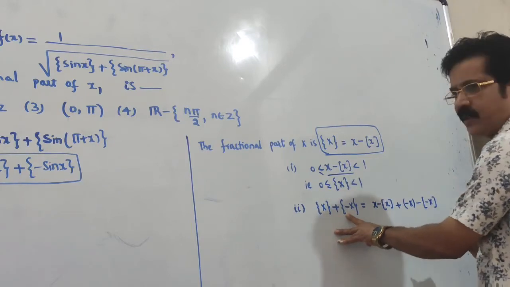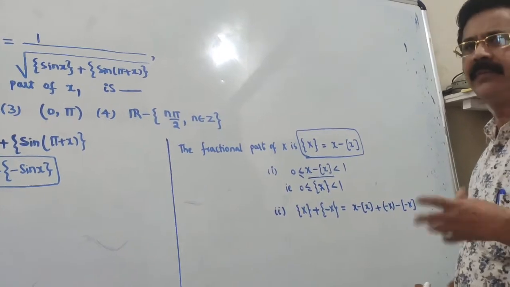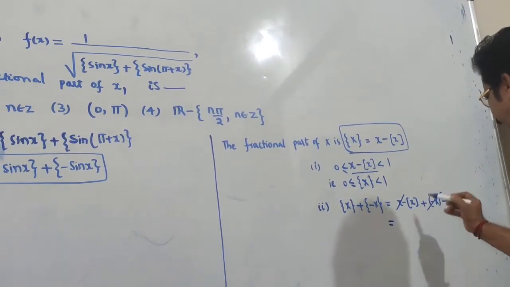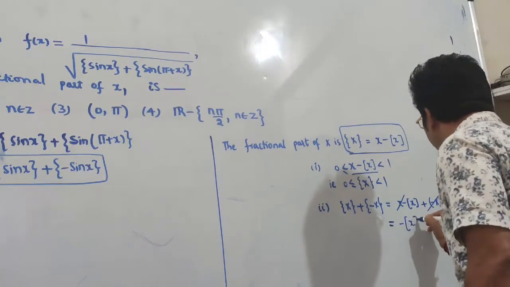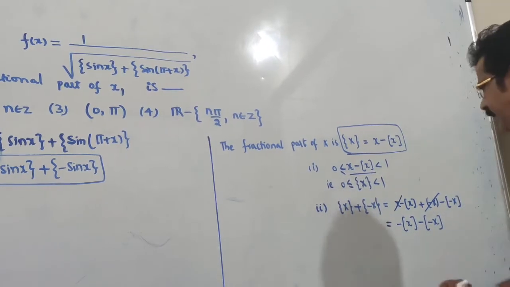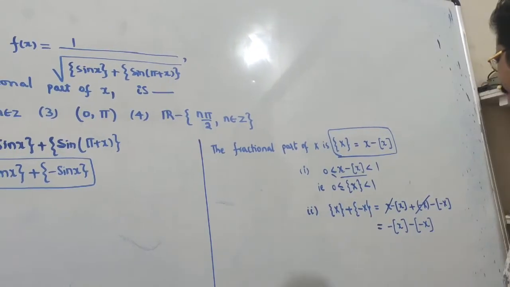Just replace minus x instead of x. That's all. So that is equal to, anyhow, plus x minus x cancel. So it remains minus floor of x minus floor of minus x. It is called the fractional part of x plus the fractional part of minus x.